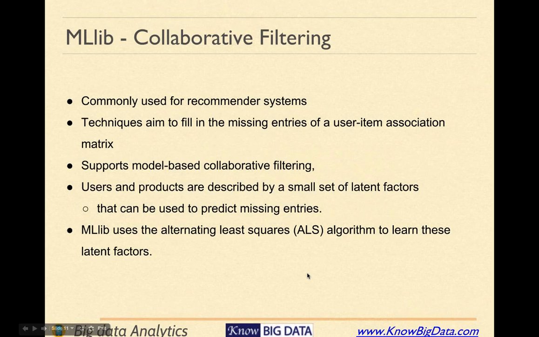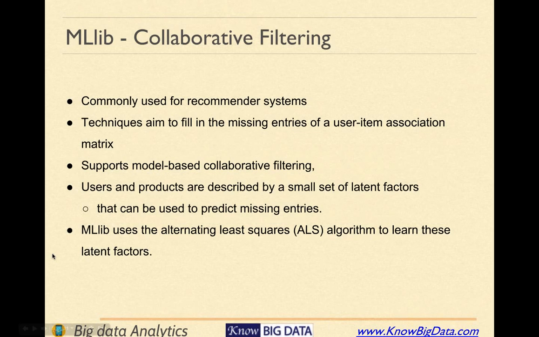MLlib uses the ALS algorithm to learn these latent factors. Latent factors, as in users and products, are both described by a small set of latent factors. Instead of a user being described as a number, a user is described by factors. A user could be male of this age working in this industry.